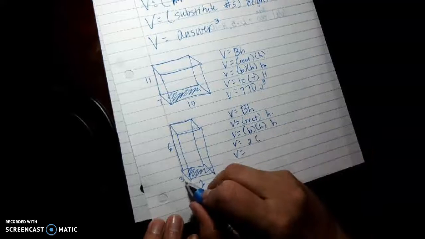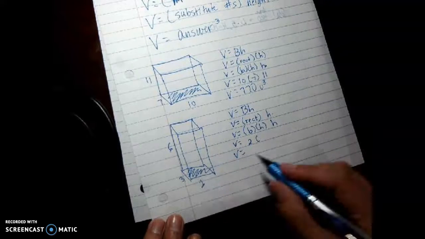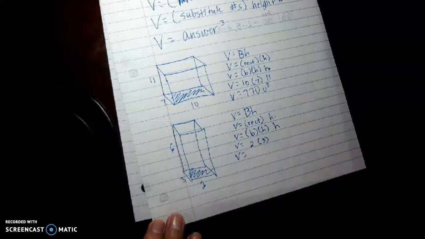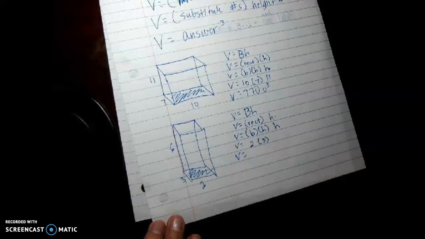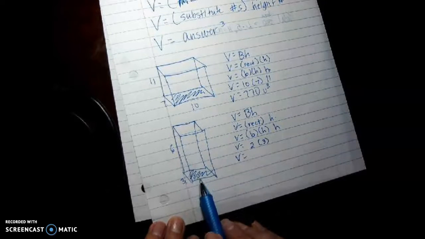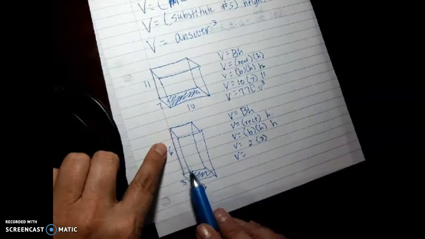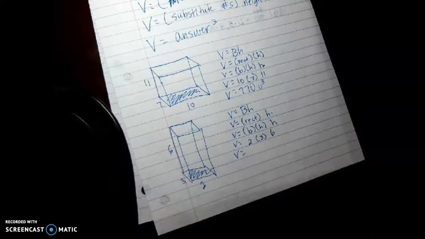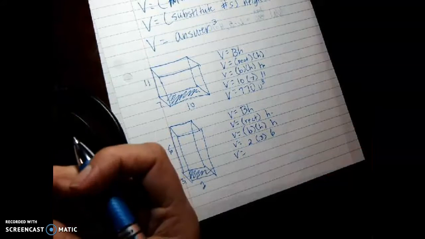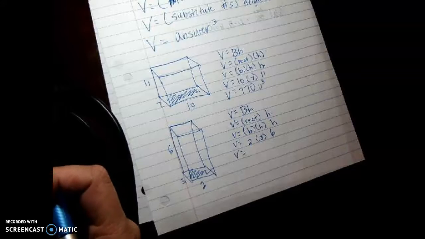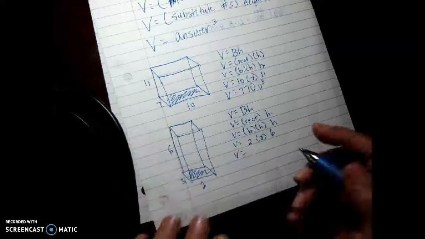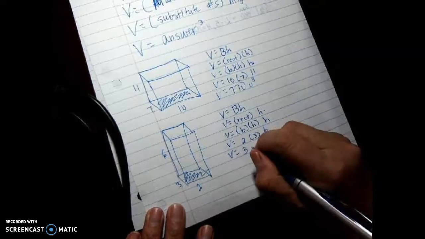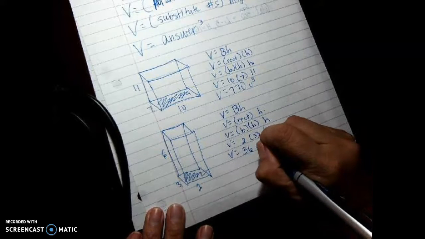The height of the base is going to be 3. And then the height that connects this base to this base is 6. And so we're going to multiply 2 times 3 times 6. And we'll get 36 units cubed.